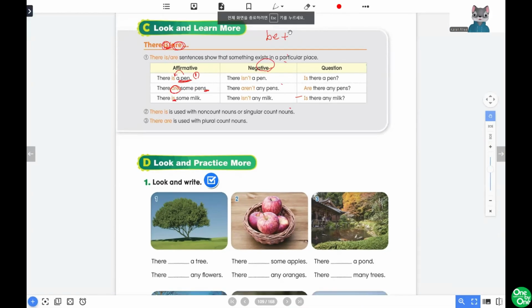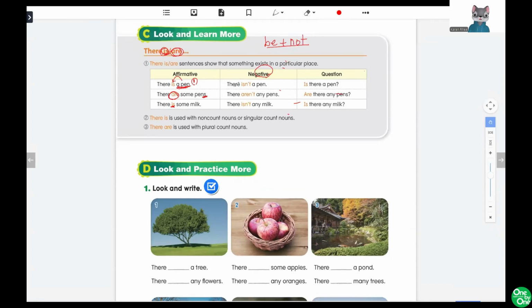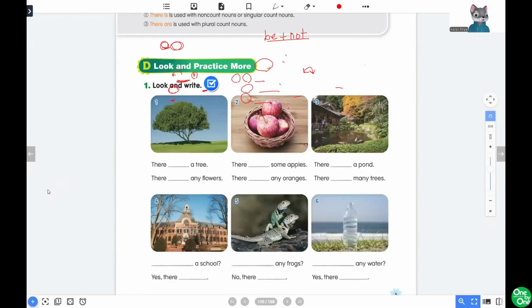We will always need the word not over here. Okay? That's why we've written there isn't a pen. There aren't any pens. There isn't any milk. If it's a question, just as I said, the order changes. Instead of there is a pen, we say, is there a pen? Do you guys understand? So let's go over to the first answer.